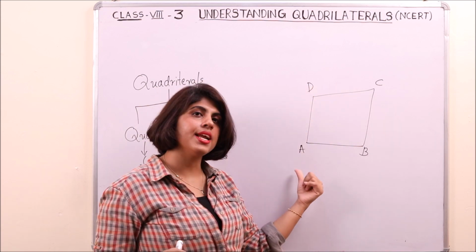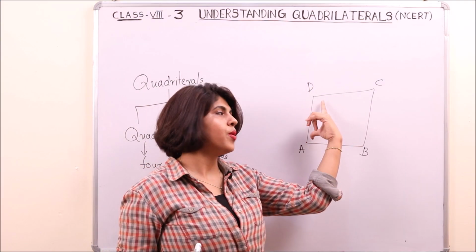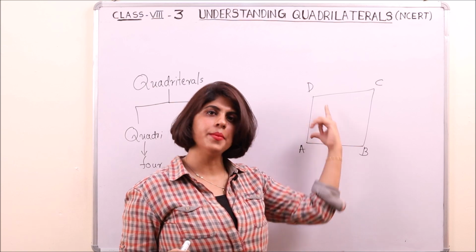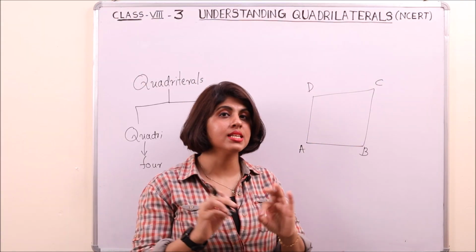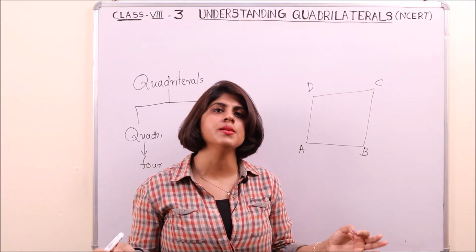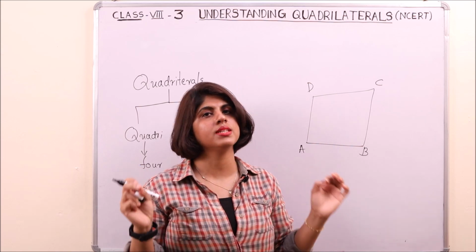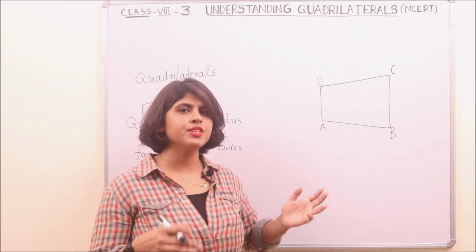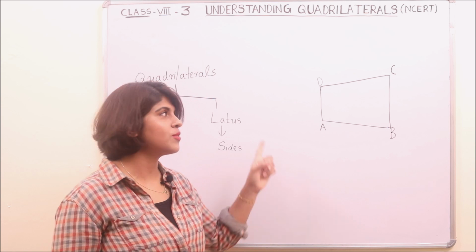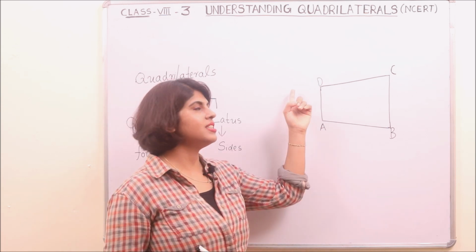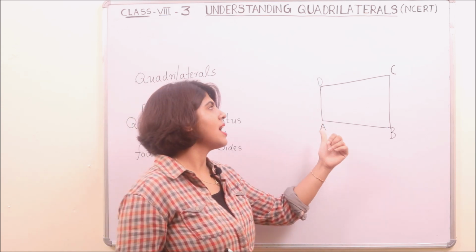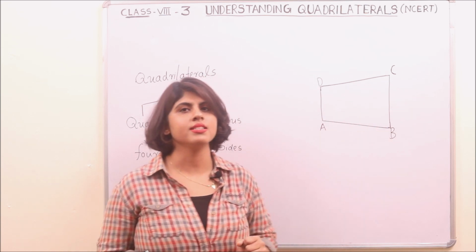And D and A are the adjacent vertices, the endpoints of the side DA. So adjacent vertices are the vertices which are the endpoints of the same side. And which are the non-adjacent vertices of this quadrilateral? Here B and D are the non-adjacent vertices and A and C are the non-adjacent vertices.